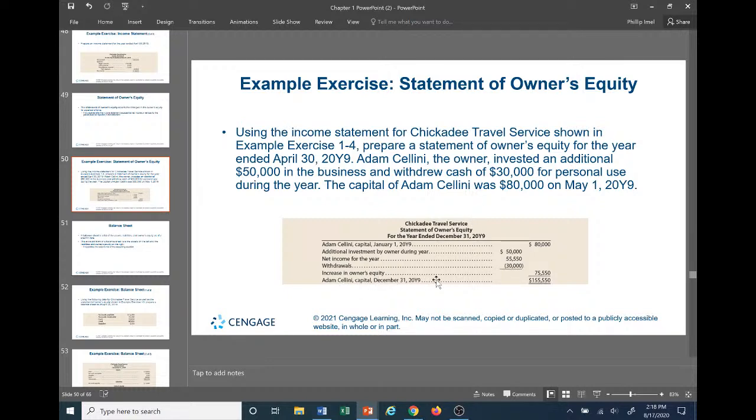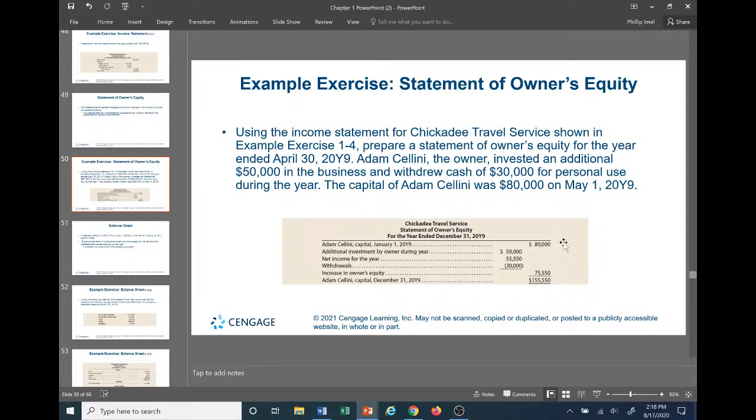So the increase in owner's equity for the period is $75,550. You can calculate this number based upon the net of these numbers. You add 50,000 plus 55,550 and then less 30,000, and you're going to get a net of 75,550.